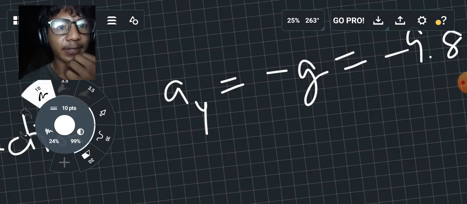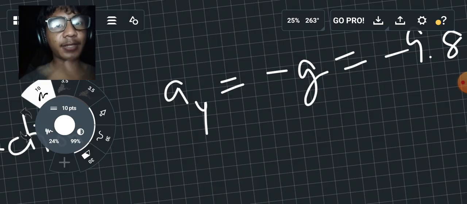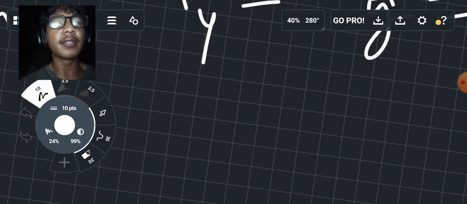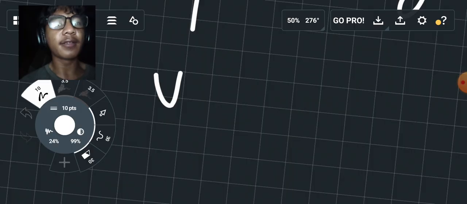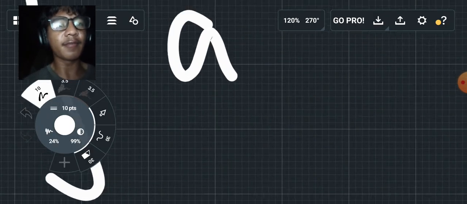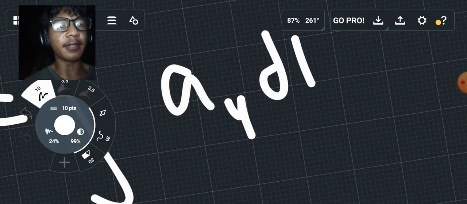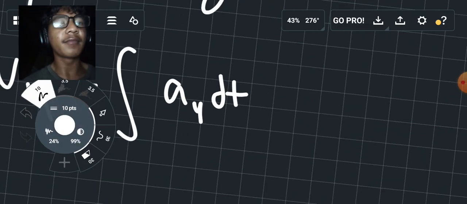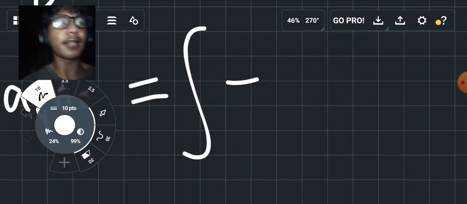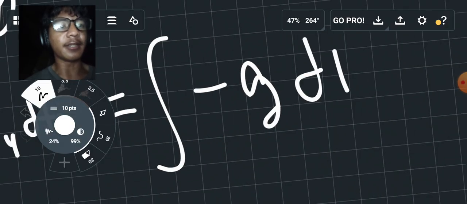Since we have a value here for the acceleration, but it's just a constant, what is the velocity? The velocity Vy is the integral of a y dt with respect to time. So we integrate negative g dt.